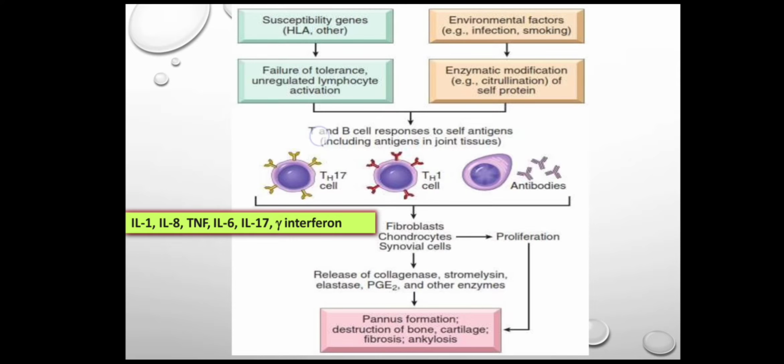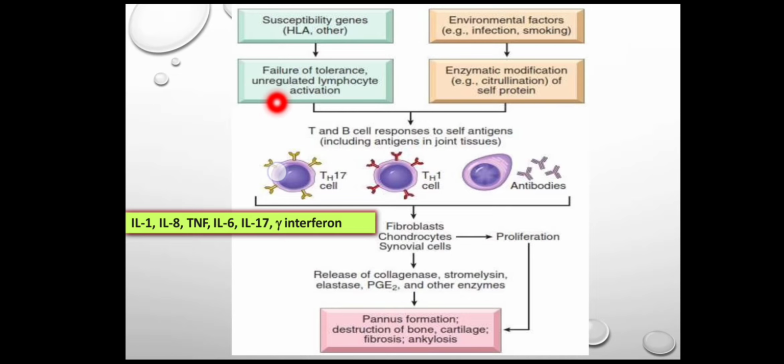Again, a diagrammatic representation of the pathogenesis. Genetic susceptibility factors like the HLA-DRB1 and PTPN22 genes will be either activated or inactivated, leading to failure of tolerance.